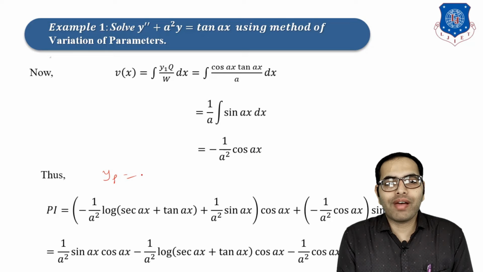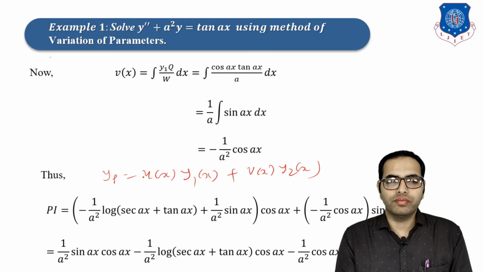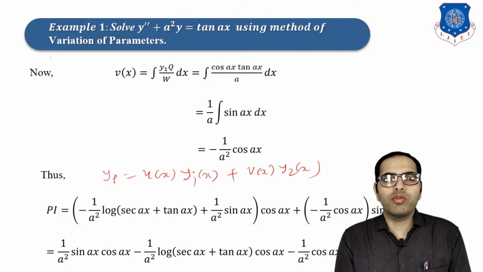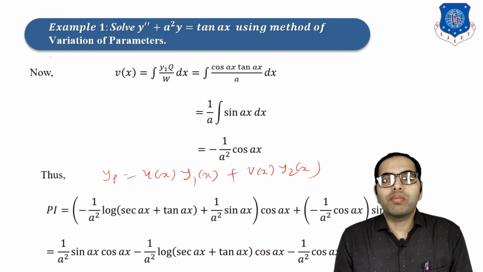Now we have the formula yp as u of x y1 of x plus v of x y2 of x. Just substituting the values of u of x, y1, v of x, y2, that is our yp. Simplifying that term, we get 1 upon a square sin ax cos ax minus 1 upon a square log of sec ax plus tan ax into cos ax minus 1 upon a square cos ax into sin ax.